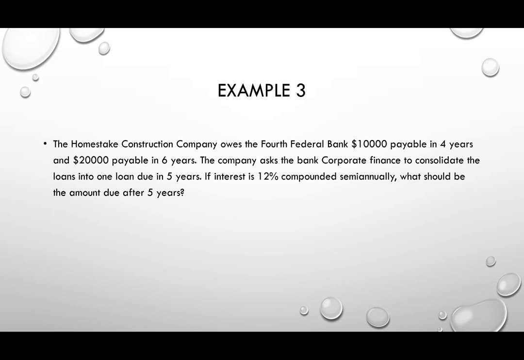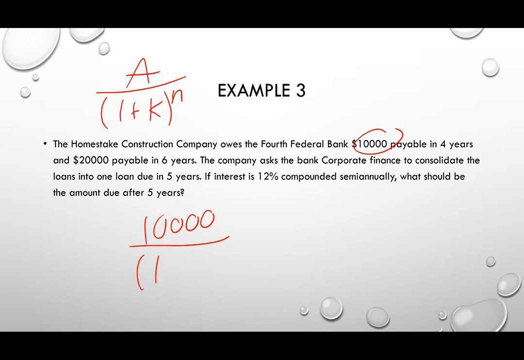So the present value of the first loan. Let's talk about the loan that we're going to have to pay $10,000 on. Using our formula, remember, which is A divided by 1 plus k to the n power. Of course, A, our future value, is that $10,000. And then over the 1 plus k. K is going to be, they're both 12%, right? 12% compounded semi-annually.